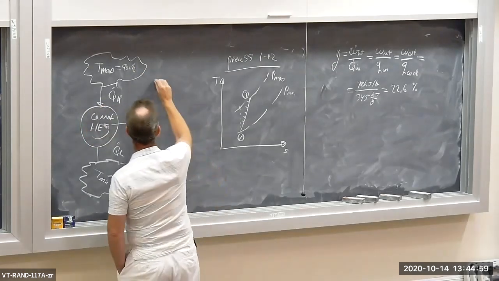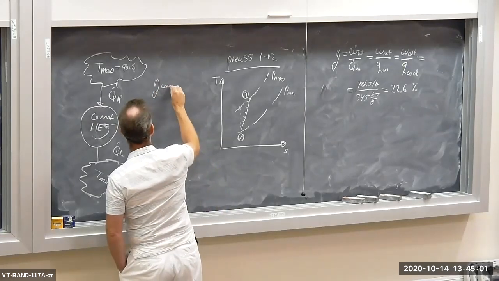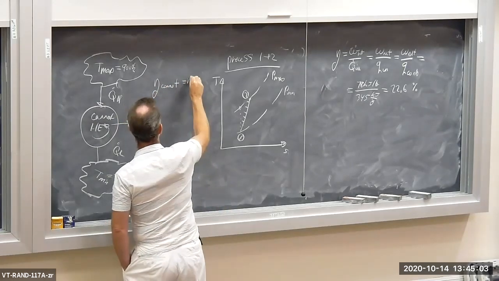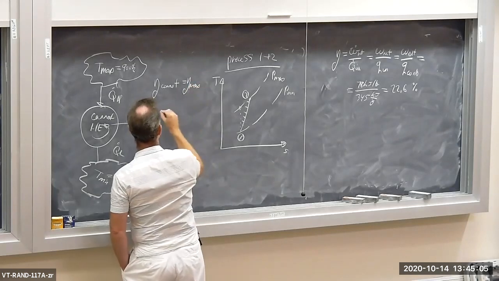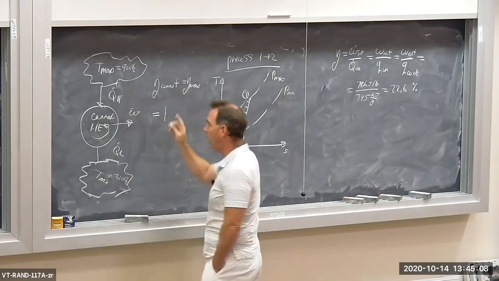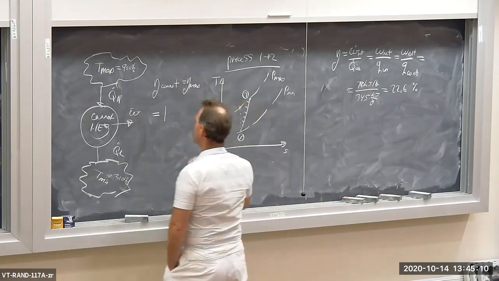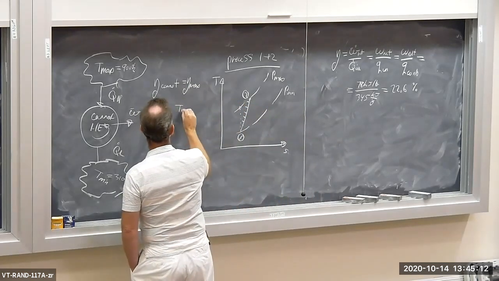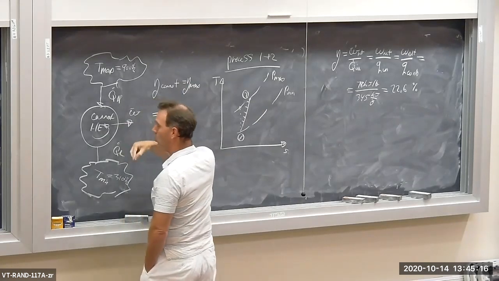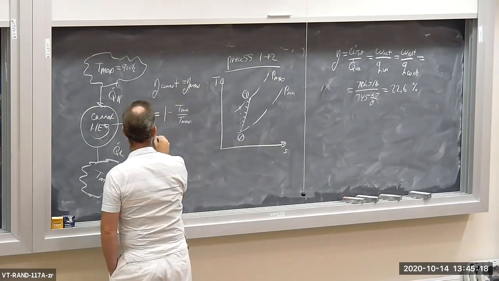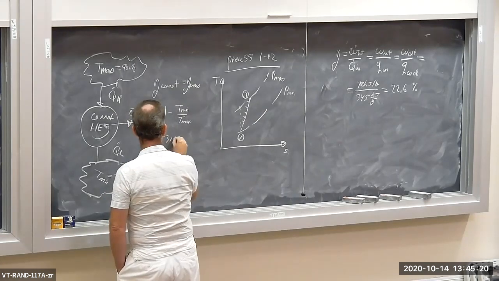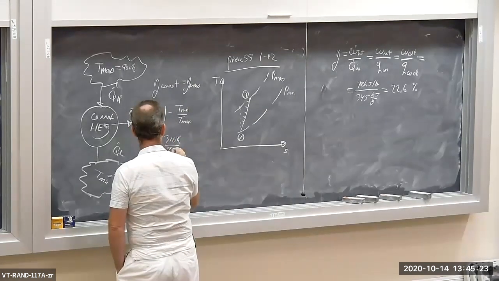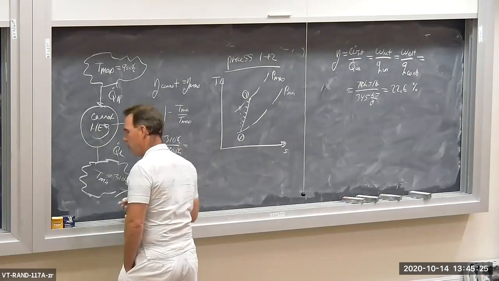So the efficiency of the Carnot cycle, or the maximum efficiency of any heat engine operating between these two limits, is 1 minus T min over T max, or T low over T high, which is 1 minus 310 over 900 degrees Kelvin.